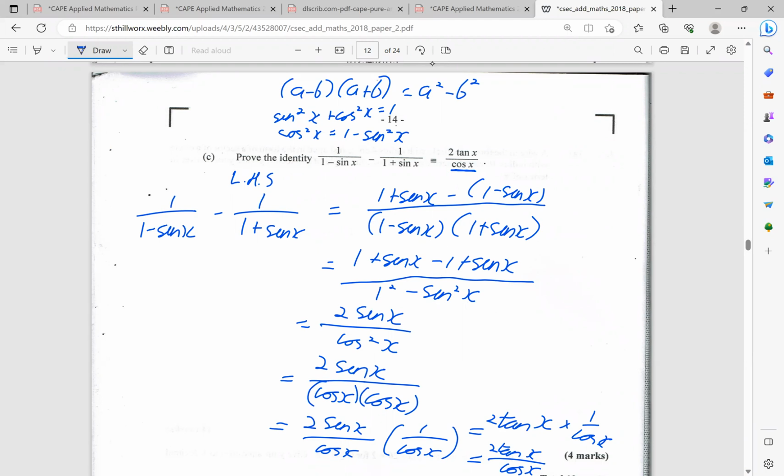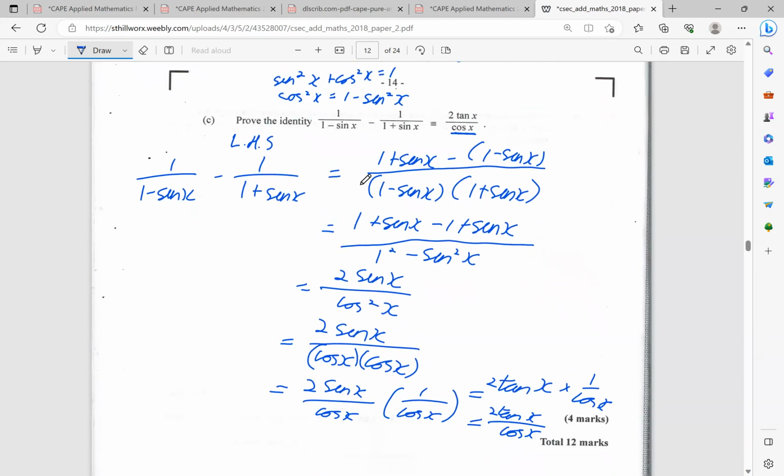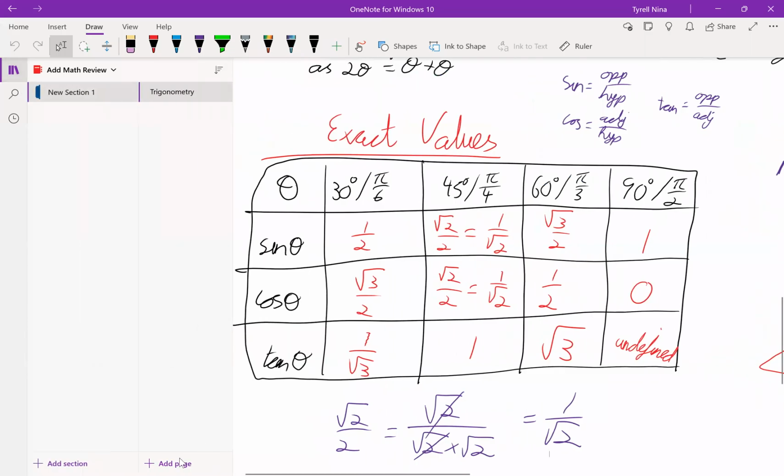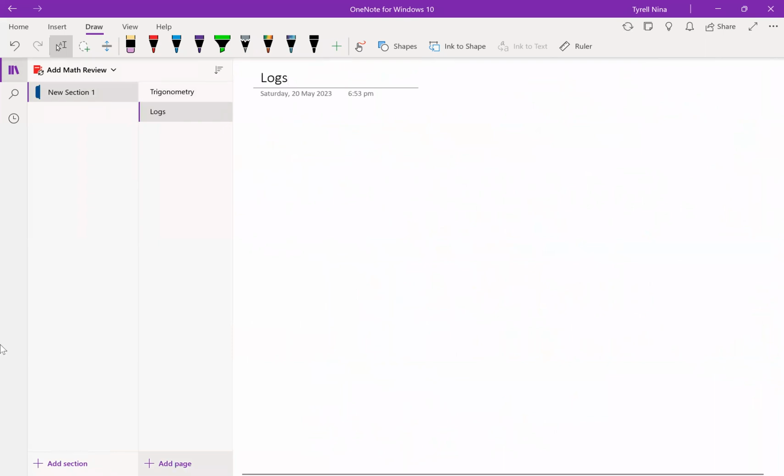All right. Okay, so let's see here. I think so. You all could do the rest of the trig, right? So we're going on to logs.